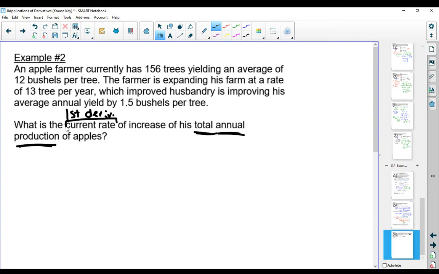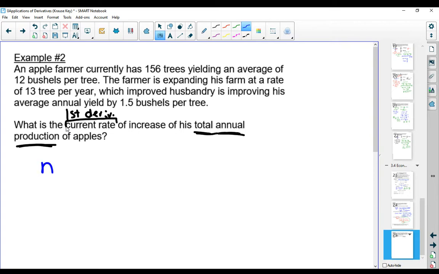All right, so lots of information in that word problem. So let's break it down, look at what we're given, define some variables, and then see where we go from there. So the apple farmer is currently producing 156 trees, and he's yielding an average. So we're talking about the number of trees and the amount of our yield.